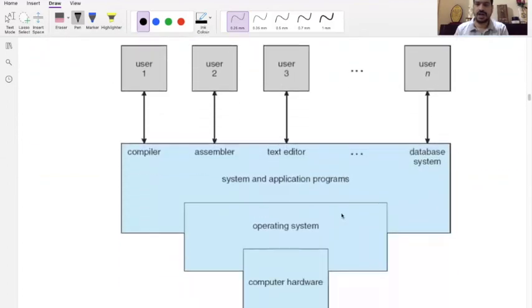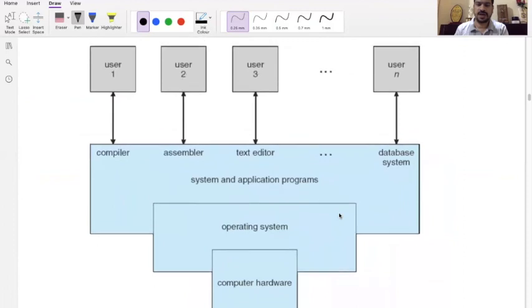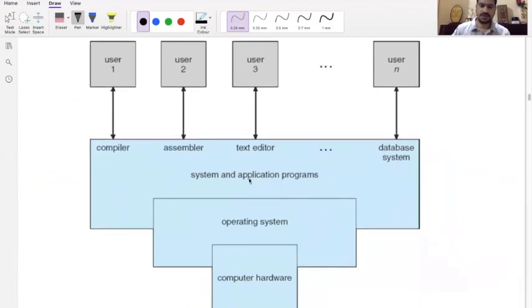So the hierarchy of the computer system looks like this. At the very bottom, we have the computer hardware. Then we have the operating system, and the part of the operating system is the kernel, as I told you. About the kernel, we'll see in very detail.